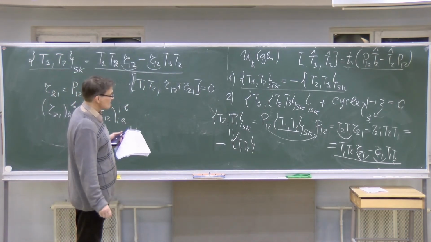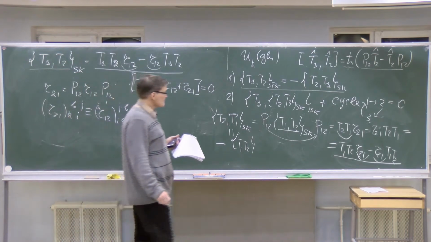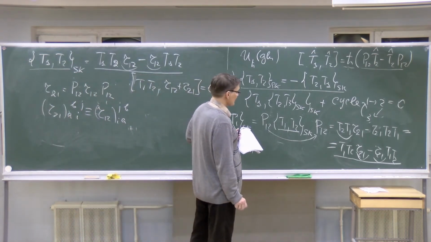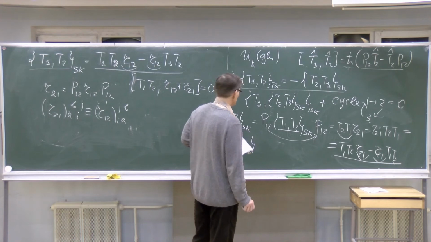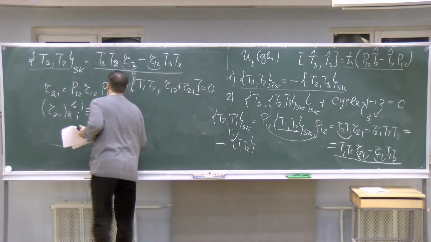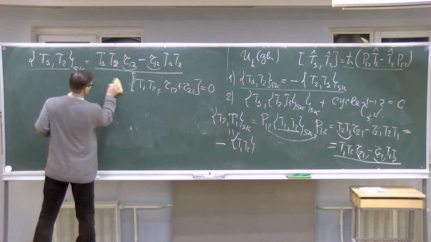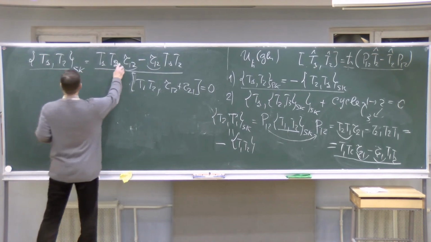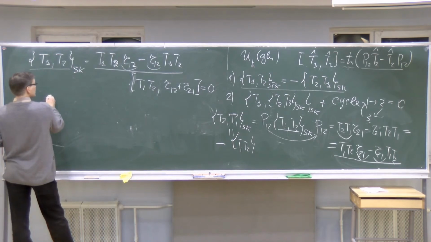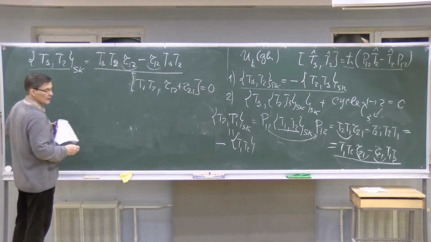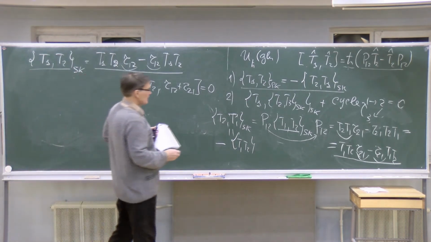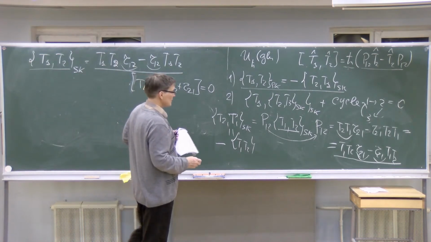You commuted this notation, you obtained this equality, right? Yes. So what is the difference between the second line and the first line? You just moved R21 because of this operator.